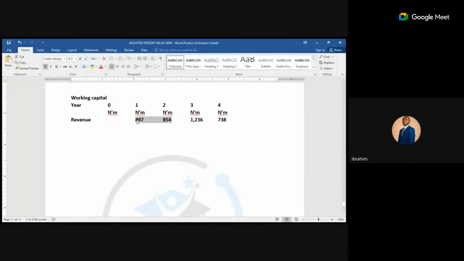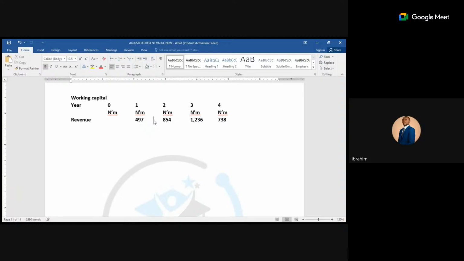The increase is your working capital. There are 2 case scenarios.